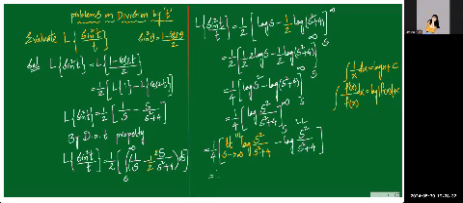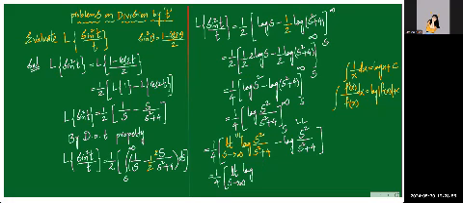1 by 4 into limit s tends to infinity of log of numerator s square as it is. In the denominator, what we are doing is dividing the numerator and denominator, the whole term, by s square.